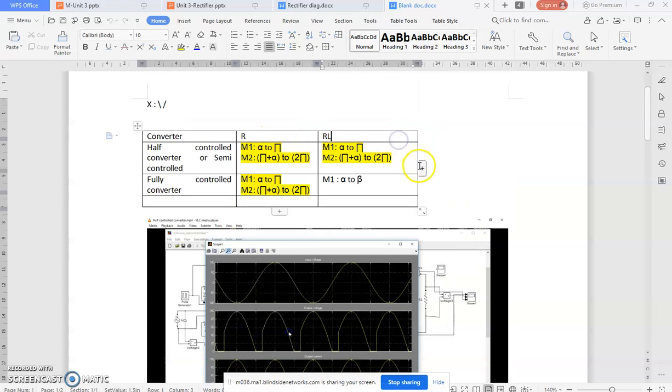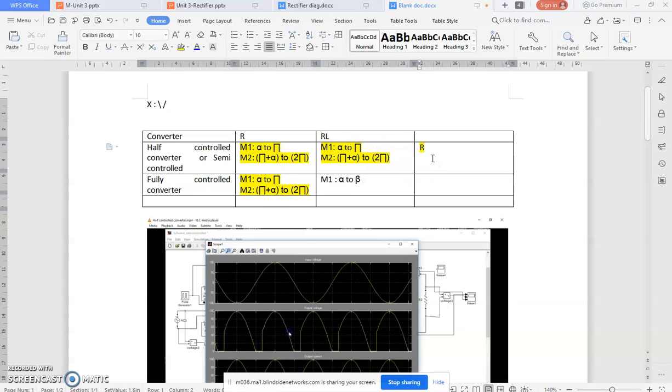Here we measure with R load and RL load. R load, RL load and RL load with freewheeling diode are all equal for fully or semi-controlled converters.